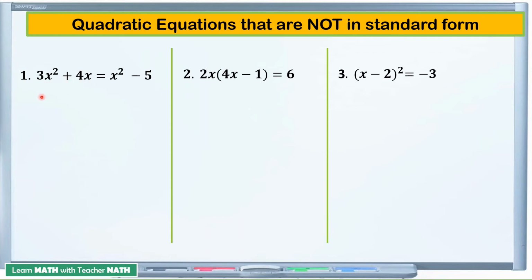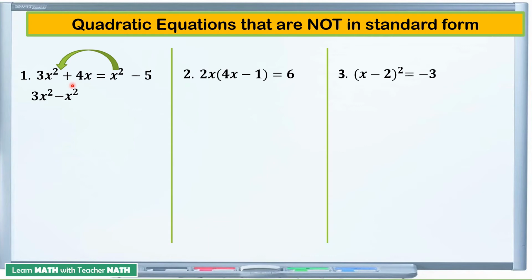So una, we have 3x squared. We're going to transpose the x squared to the other side. Tandaan, kapag nagtatranspose tayo, ito ay nagbabago ng sign. So this is positive, it will become negative x squared. So minus na siya dito.